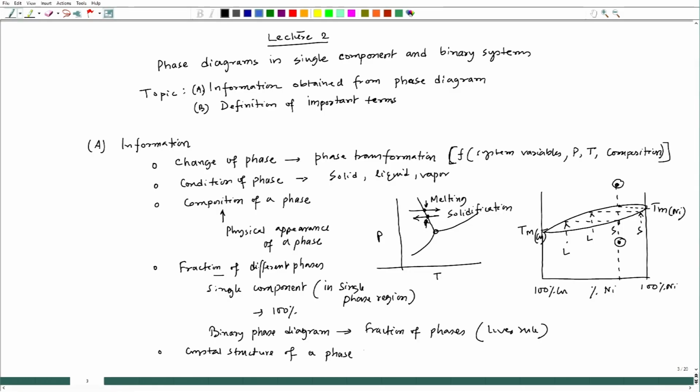There are two regimes we will consider. One is the ideal solution approach, another one is the regular solution approach. In the regular solution approach, we have to consider the crystal structure part. Okay. So, that time you will see that the crystal structure of a phase can also be obtained from the phase diagram. Okay. And also depending on the crystal structure, we can get other informations like invariant reactions information.